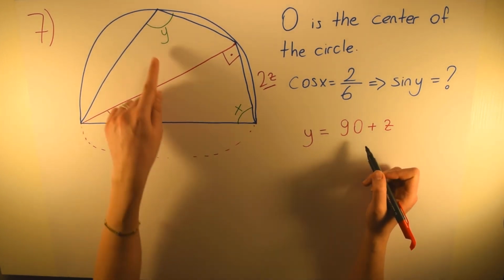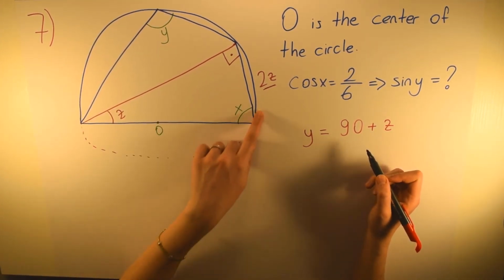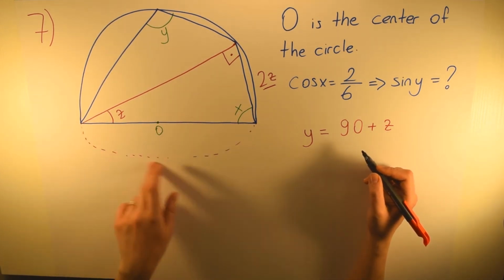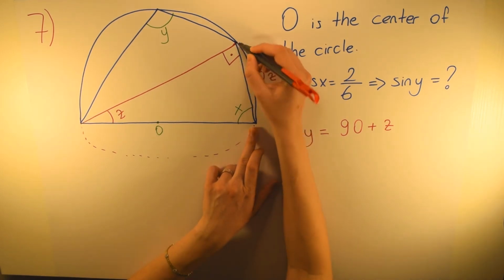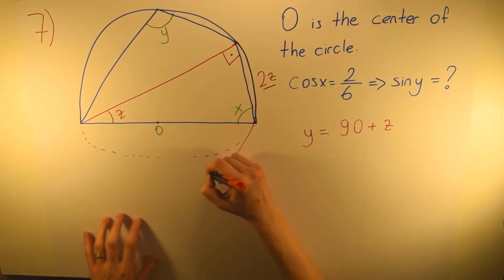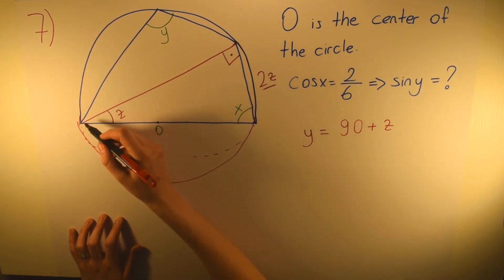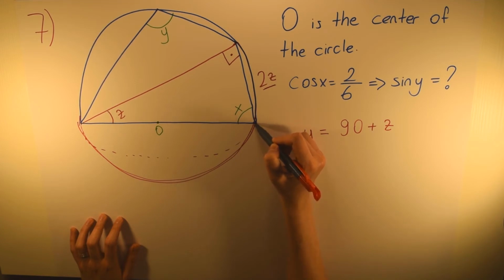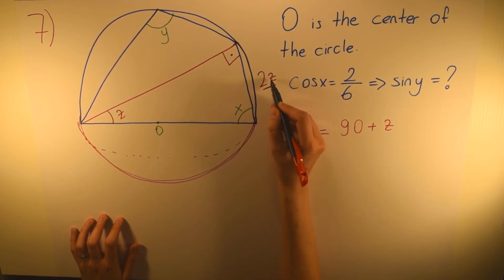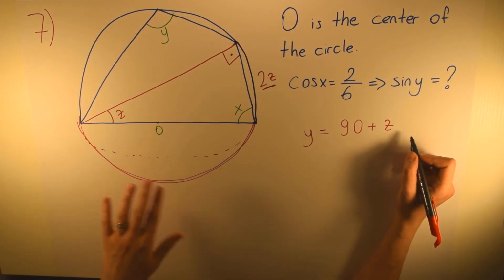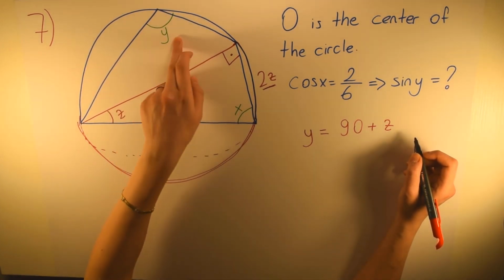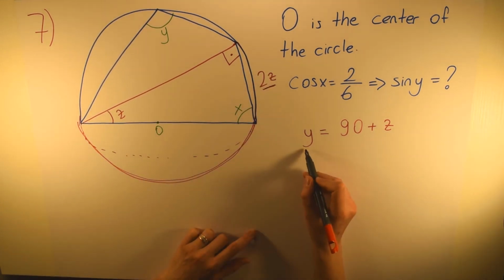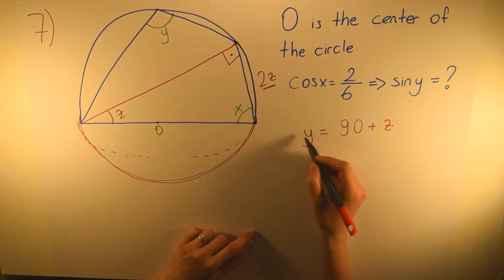Because the angle that sees the arc, this arc length, here it's 180 degrees, plus 2z, and we have to divide it by 2 because the angle is half the size of the arc length. So we can say that our y angle is equal to 90 plus z.